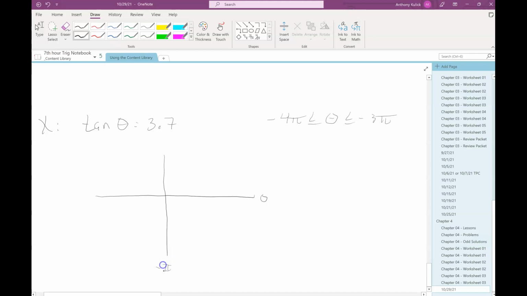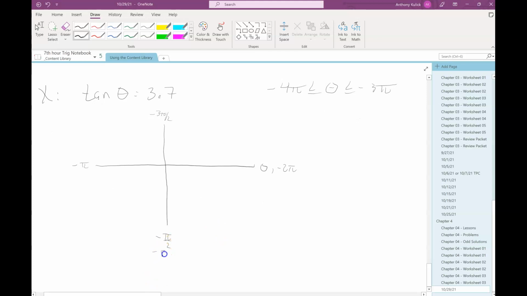So negative pi over 2 is down here, negative pi is over here, negative 3 pi over 2, negative 2 pi, negative 5 pi over 2, negative 3 pi, negative 7 pi over 2, and then negative 4 pi.